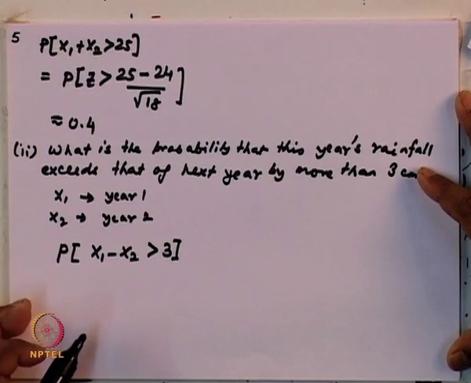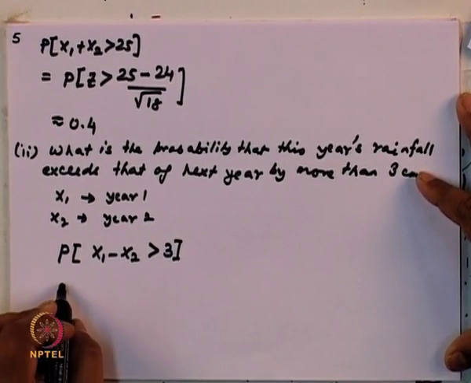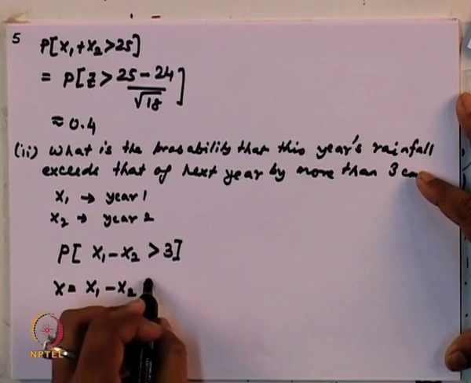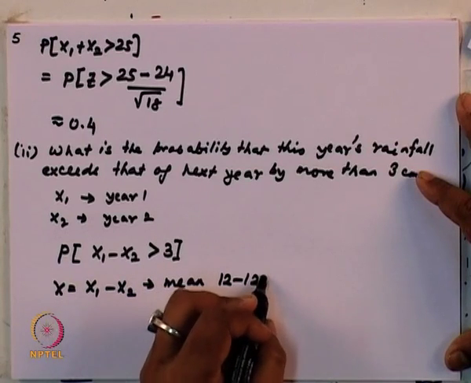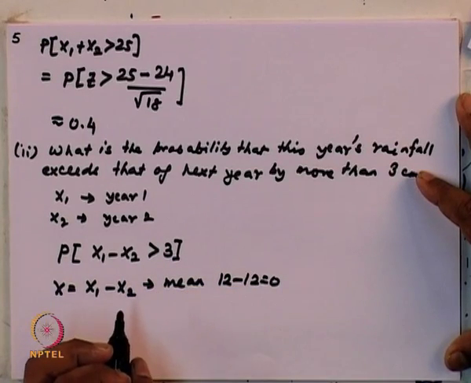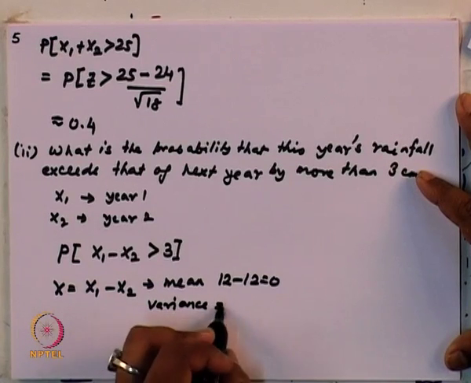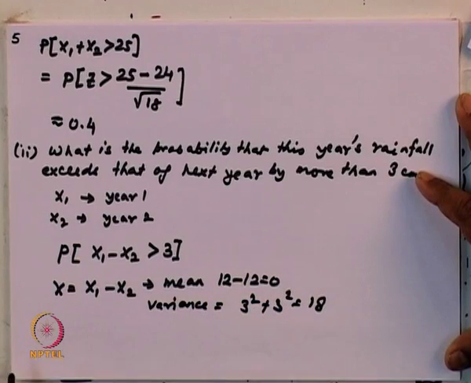Okay. So, once again we can use the previous theory and say that the random variable X equal to X1 minus X2 will have a mean of 12 minus 12, which is equal to 0, and a variance of 3 square plus 3 square equal to 18.